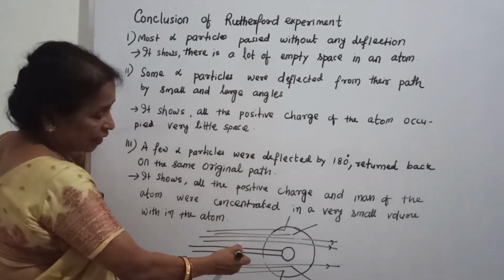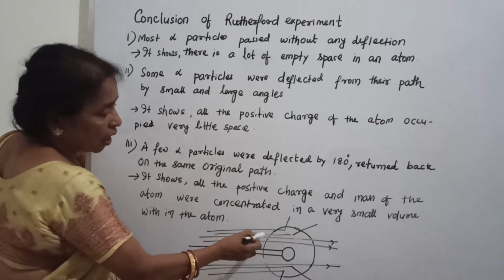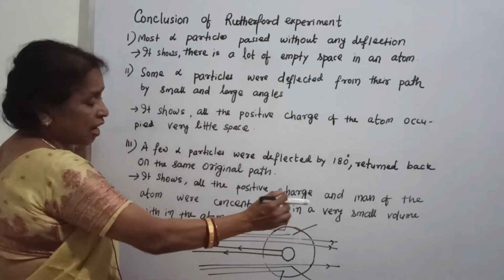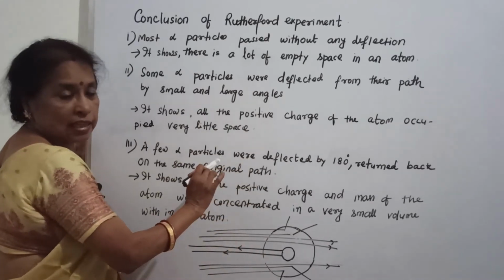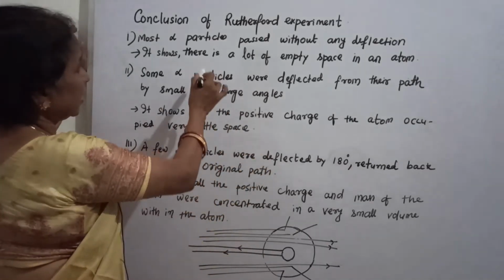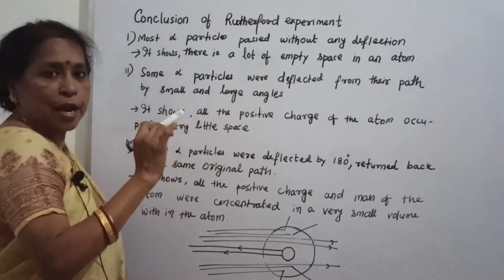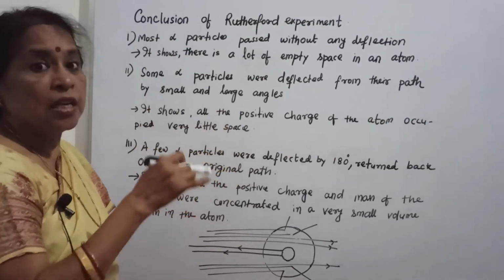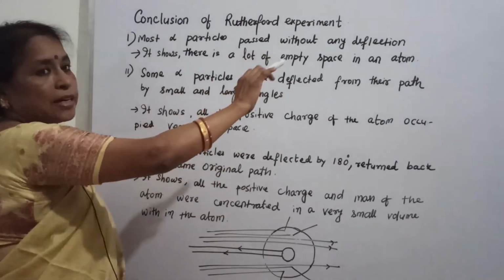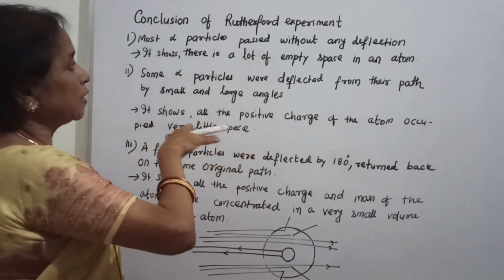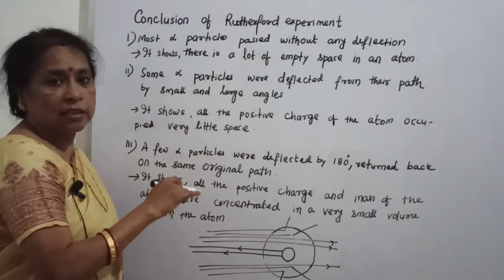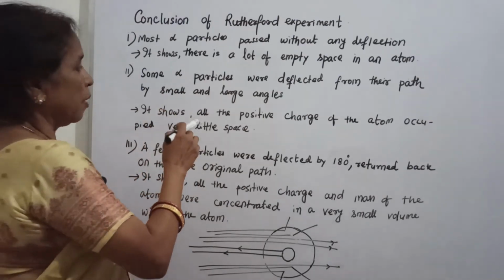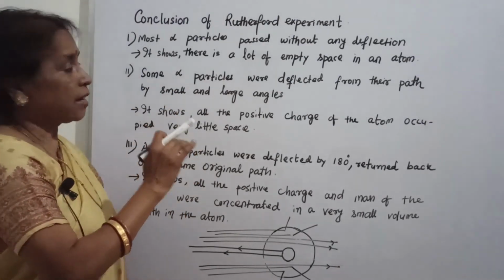Here you see a few are coming back on the same line, at 180 degrees, some go in a straight line, and some are deflected by a small and large angle. These indicate the points: there is a lot of empty space in an atom, which is why most alpha particles pass without deflection and some are deflected from their path by small and large angles.